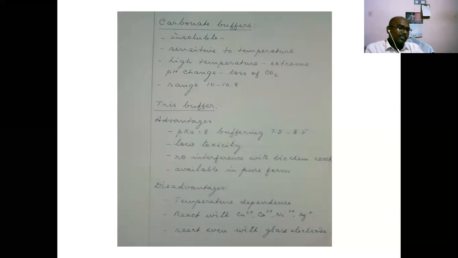The next one is a tris buffer, which is also very often used in the biochemical studies. The advantages of a tris buffer: the pKa value is 8. Therefore, it can buffer between 7.5 and 8.5 pH. It is of very low toxicity.